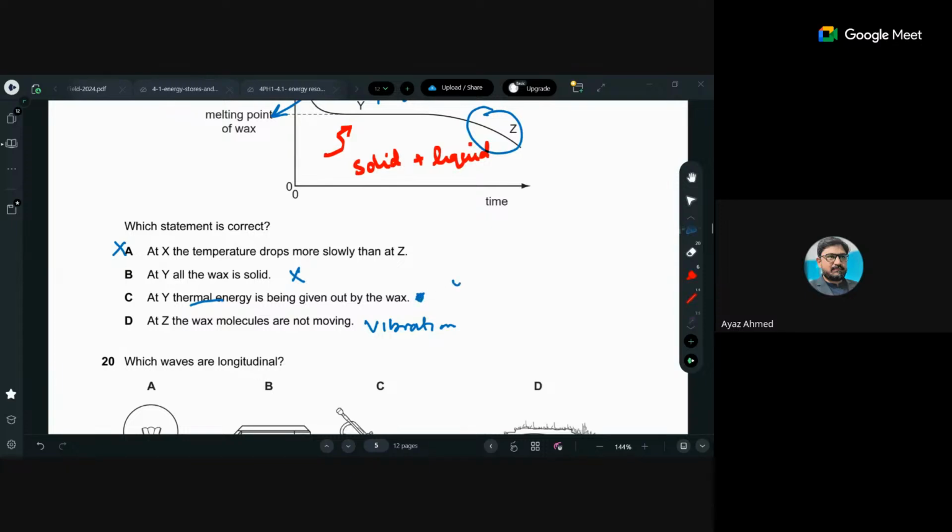At Y, it is in the process of changing state, so it will lose energy. Okay, so is it C then? Yes, so it loses the energy. Is it clear to all of you? Yes, sir. Okay, just a second.